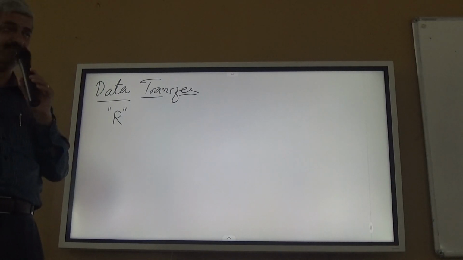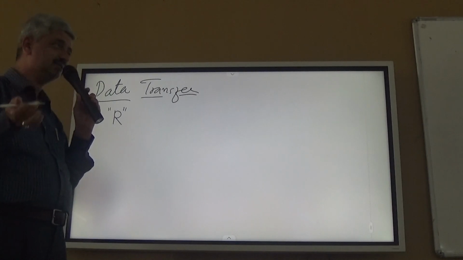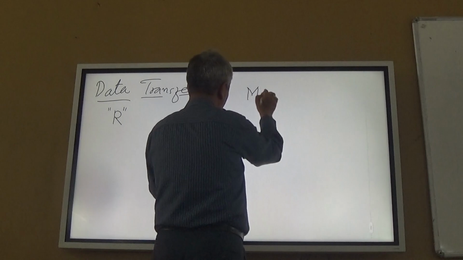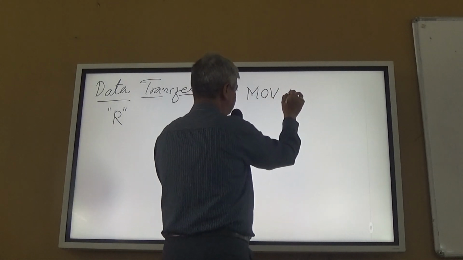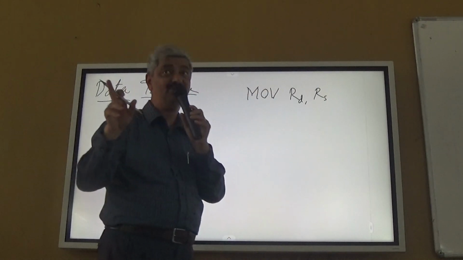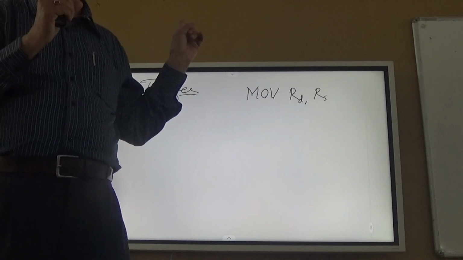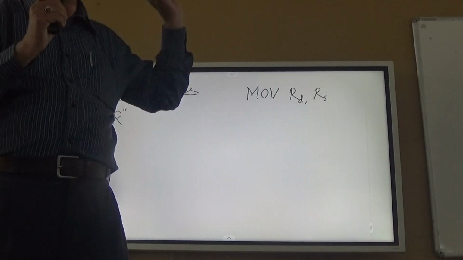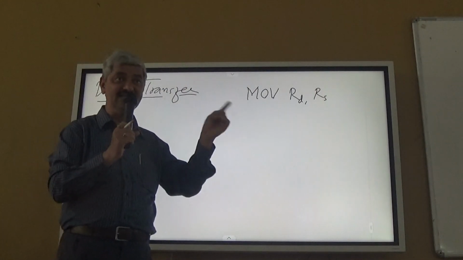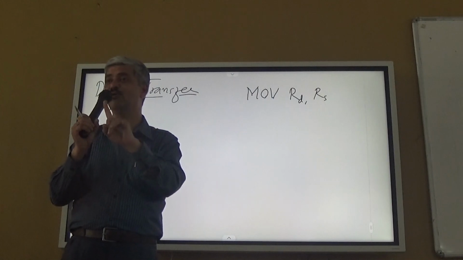Is it okay? So the first group of instructions which we discussed last time is MOV RD, RS. How many such instructions are there now? Not 49. 49 we talked about earlier when we were saying registers A, B, C, D, E, H, L. Now we include M. So how many are there? 64.